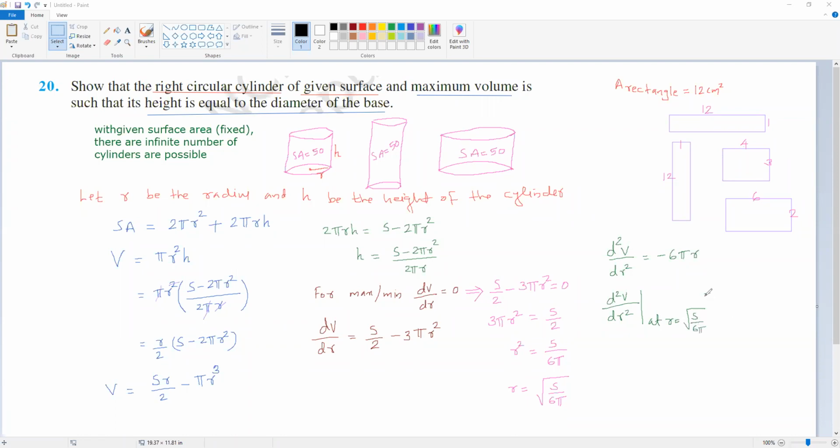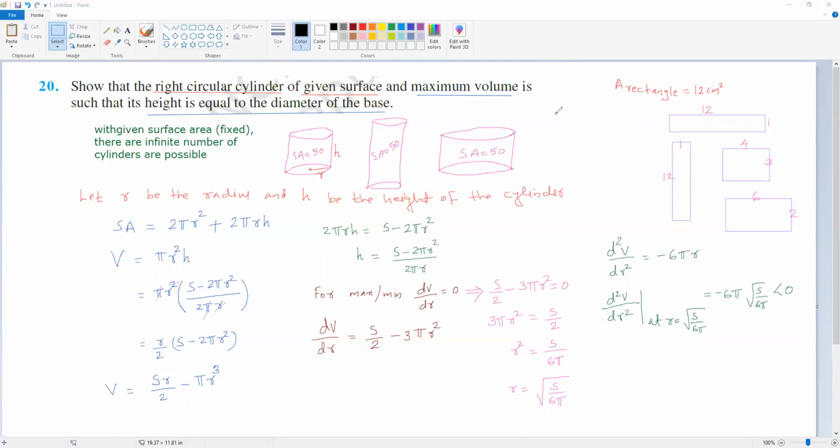So which is equal to minus 6 into pi into r का वैल्यू under root s divided by 6 pi. So anyway, under root s divided by 6 pi is a positive quantity. Positive into negative, it is negative. So हमने prove किया second derivative negative.